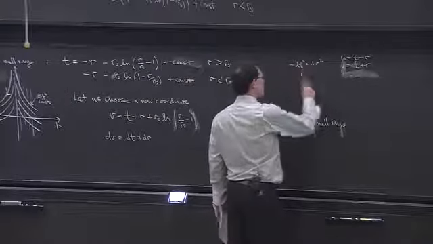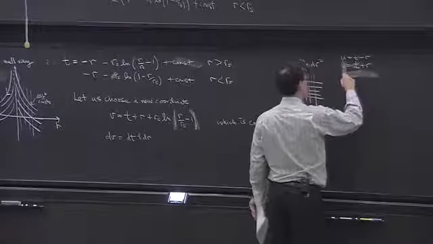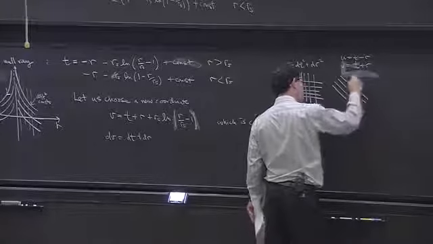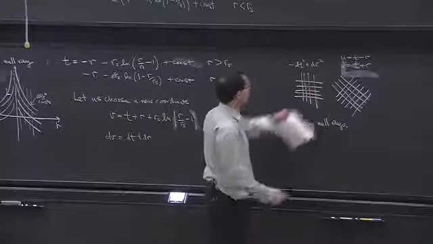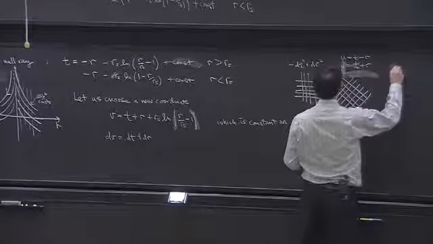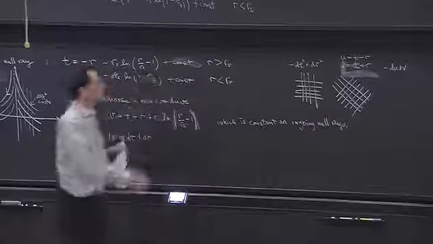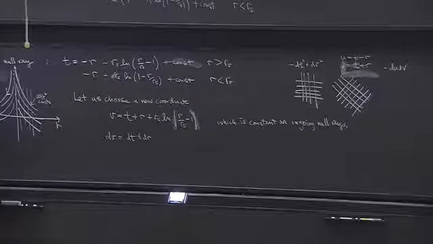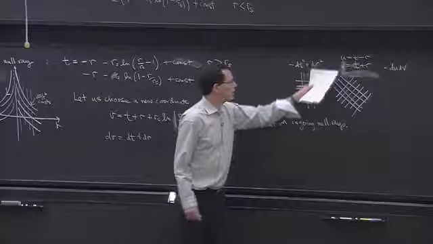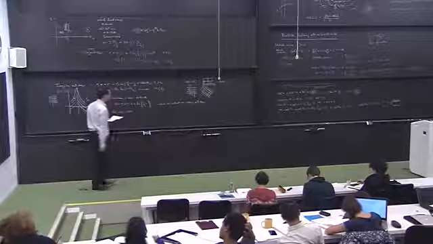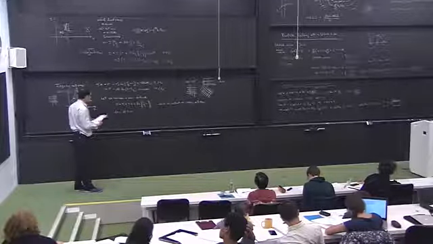So whereas our t-r coordinates look like this, the u-v coordinates look like this, right? And the metric in these coordinates is just minus du dv. So that's null coordinates in Minkowski space, very often useful for solving differential equations where things move at the speed of light.